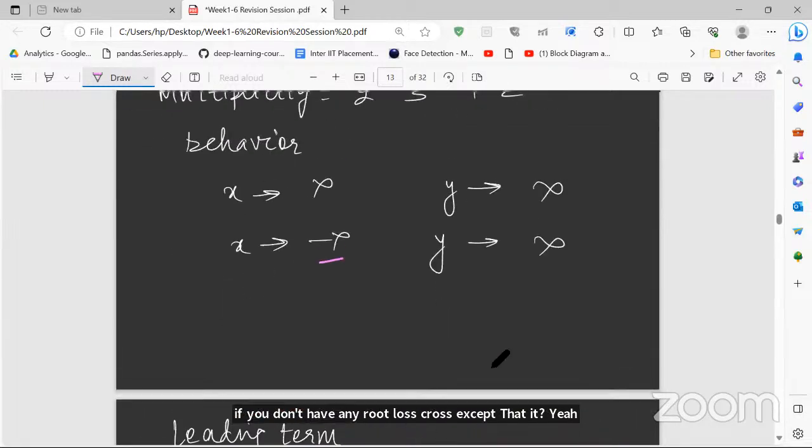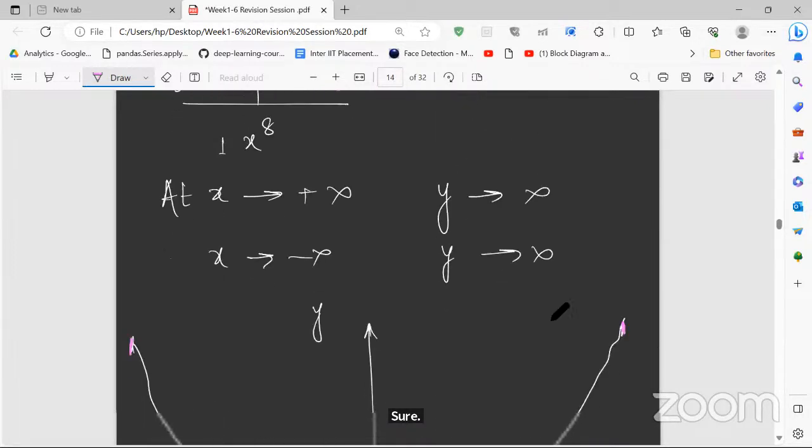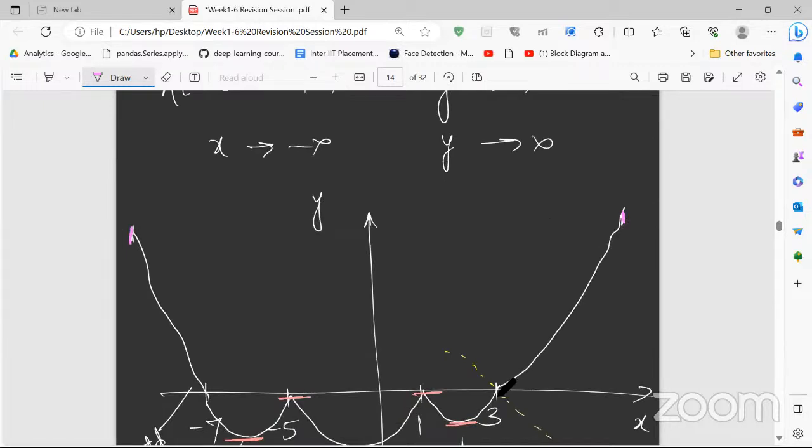Now you saw that you have roots at 1, 3, -7, and -5. We have started from here, and because at -3 the function value is 0, you should connect this from minus infinity.